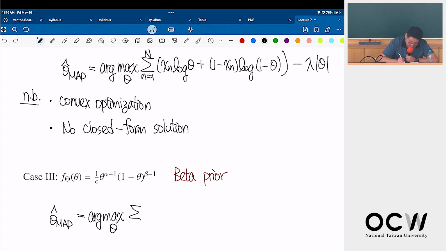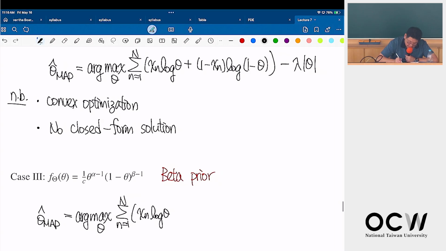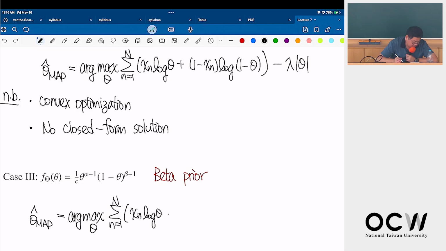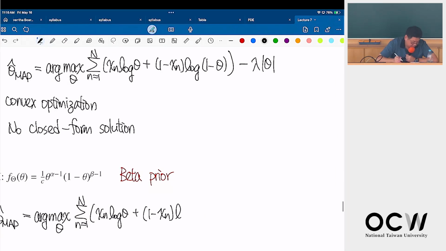It should be the sum over n from 1 to capital N of x_n log theta plus (1 minus x_n) log (1 minus theta).